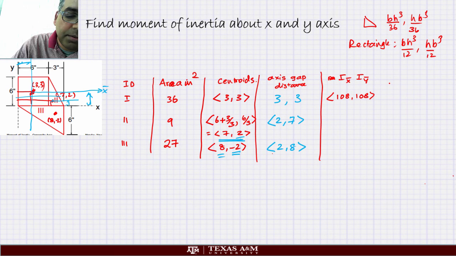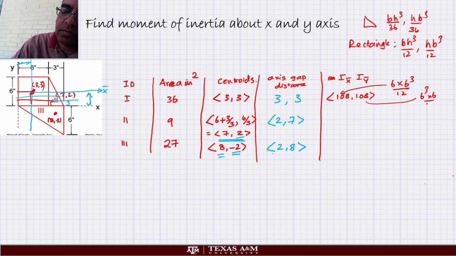How did I get that? Base is 6 times 6 cubed over 12. That's this guy. And then this guy is 6 cubed times 6 over 12. Do the next one and it will turn out to be 18 and 40.